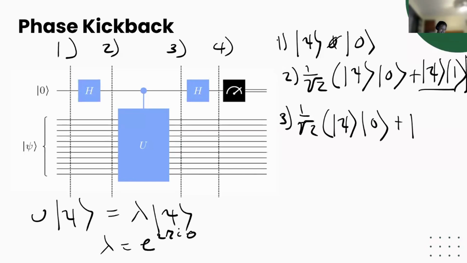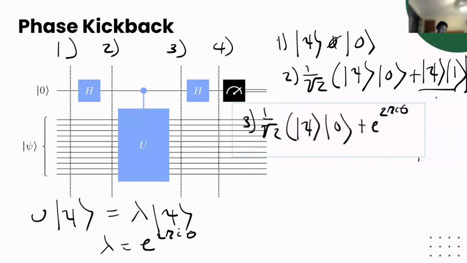So I'm going to simplify it and just write out our e to the 2 pi i theta here. And then we'll have, I have to move this a little bit over here. So we have this, and then our state psi over 1.